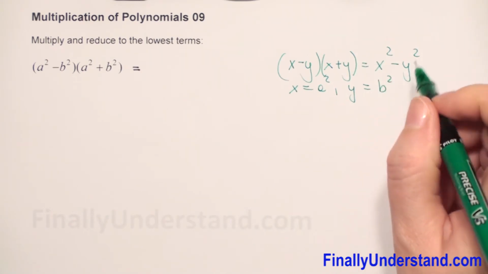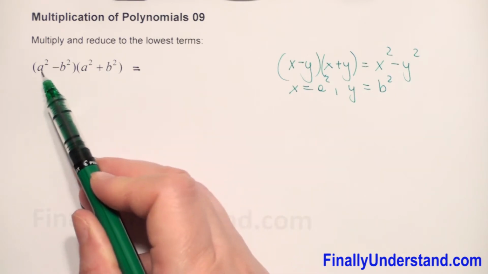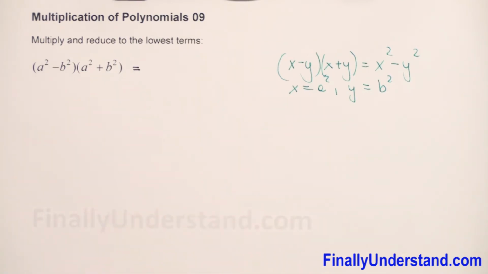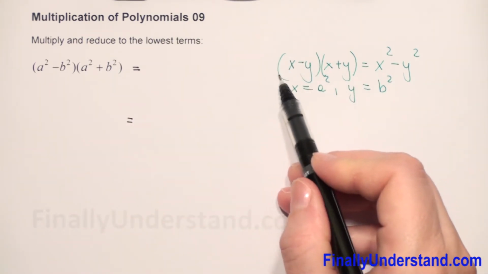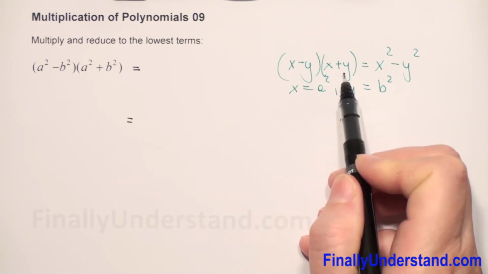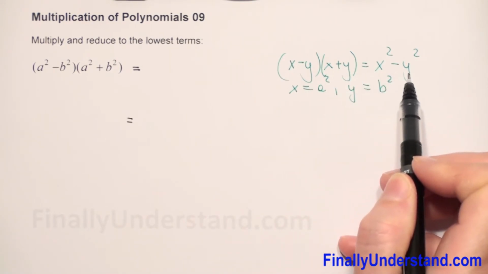This formula we can use only when we have the same variables, the same power. So now this is equal. This is our left side, this is equal to x squared minus y squared.